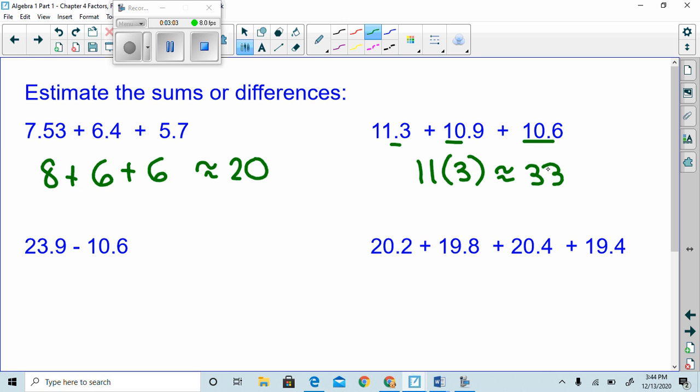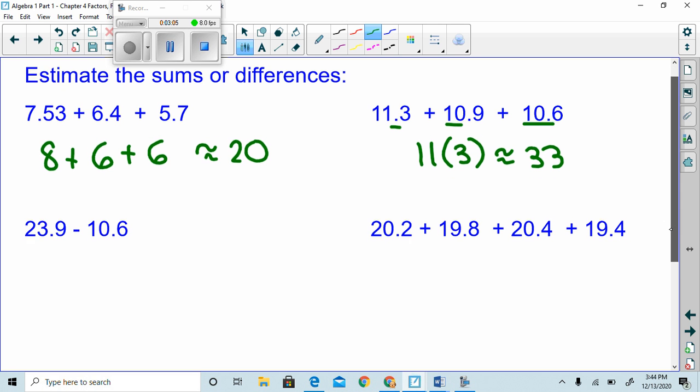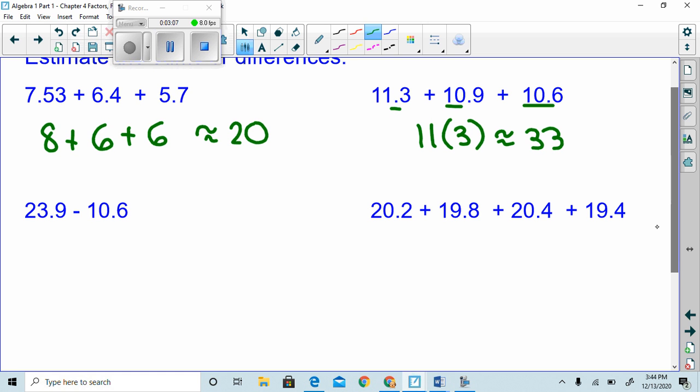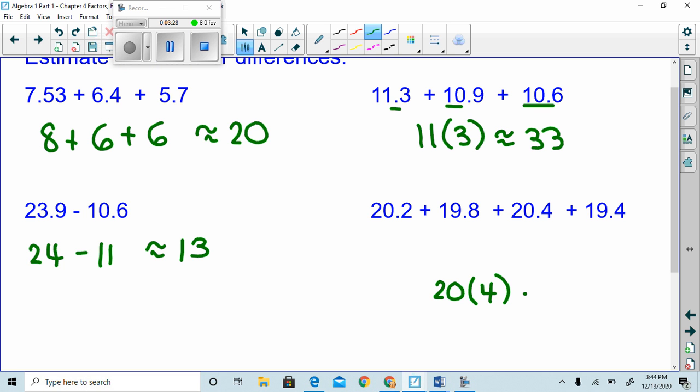You may have decided to round. We'll compare answers if you chose a different method. We can also estimate our differences by subtracting. This will give me 24, I'm rounding, minus 11, approximately equal to 13. Now in the last one, I could cluster once again because I see they're all close to 20, and I see there are 4 of them, and I recognize that to be approximately 80.